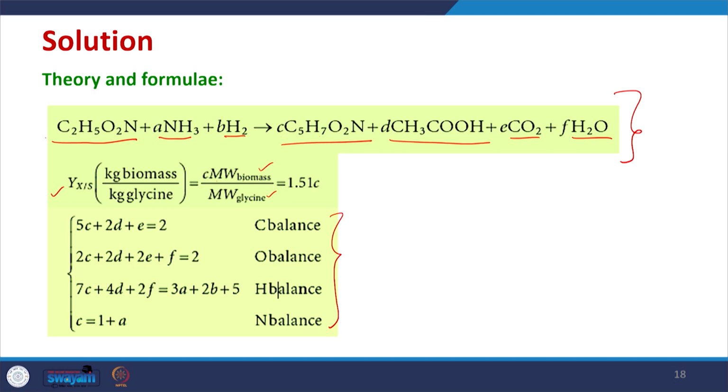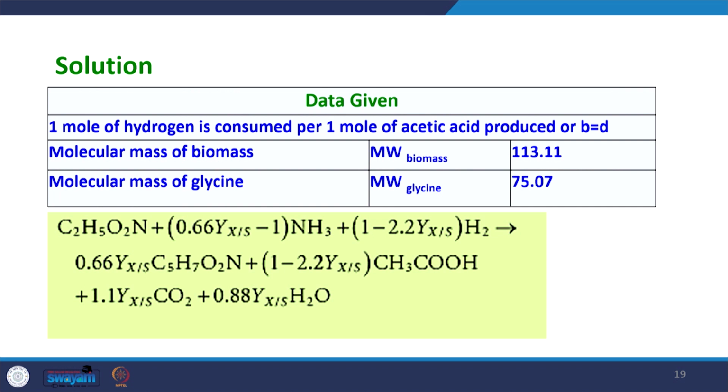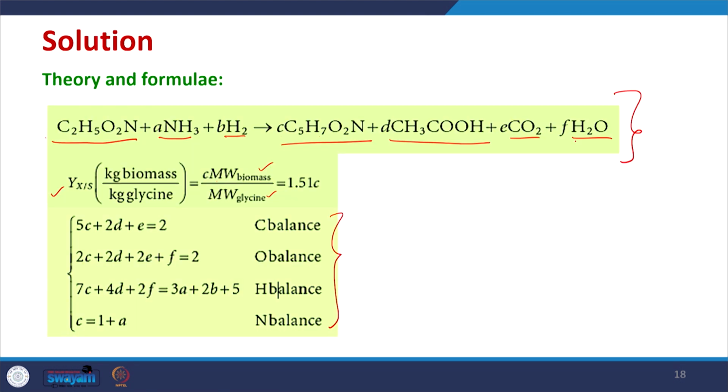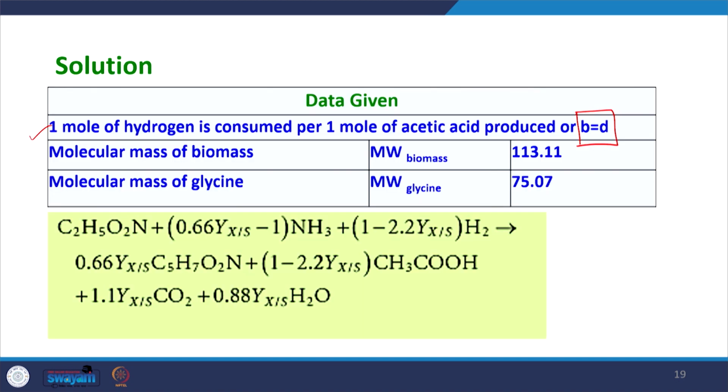So, using this condition we have B is equal to D, where this is B and this is D. Using this condition, the molecular weight of biomass and the molecular weight of glycine, we can easily write the overall stoichiometry by this particular equation given here. So, this is one example.